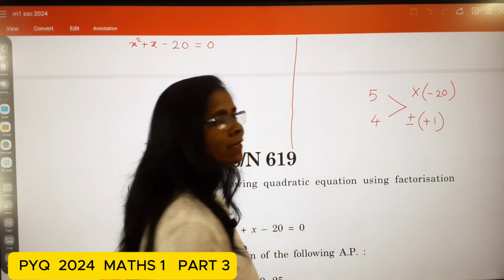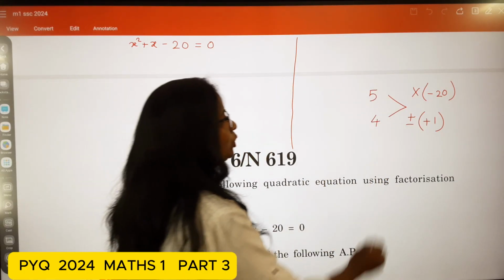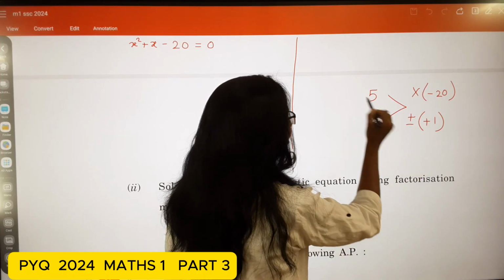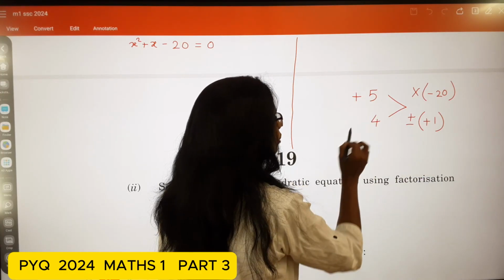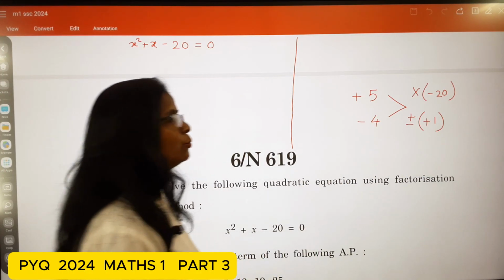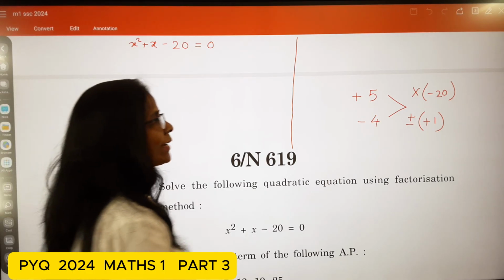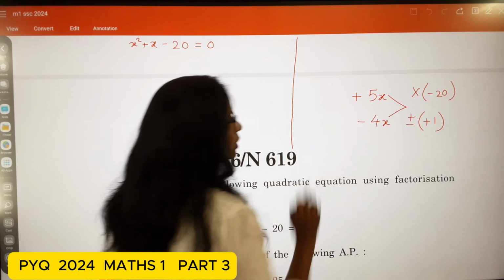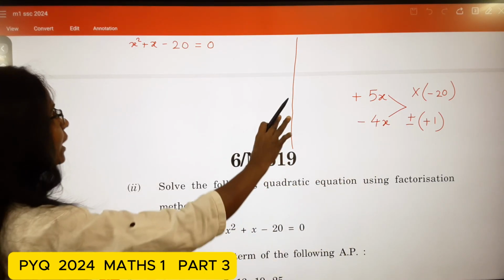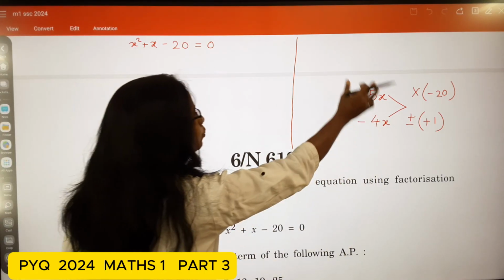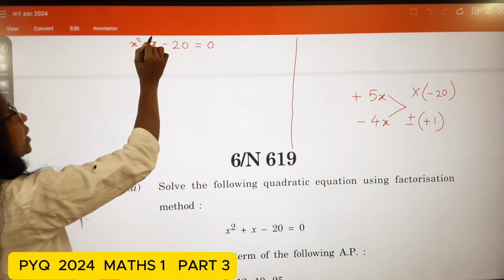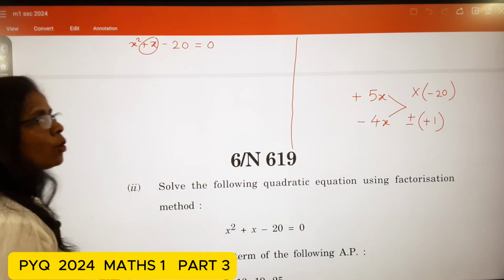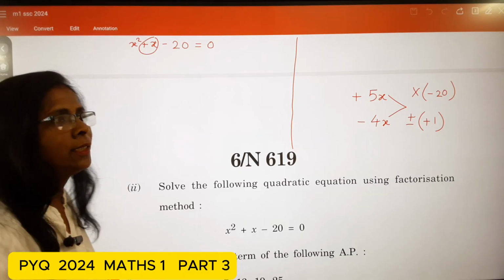But what about their sign? The positive or negative having the positive one. So here the biggest one positive and the smallest one negative. Okay. So our factors are positive 5x and negative 4x. So I only replace these two numbers instead of plus x at the second step.